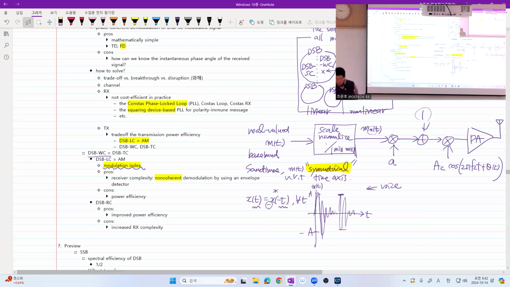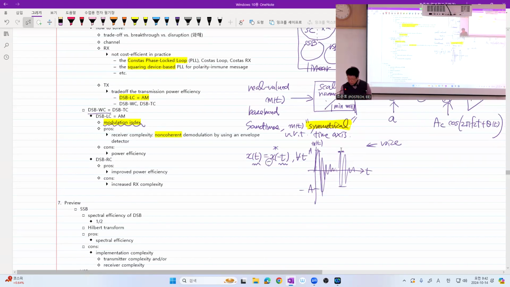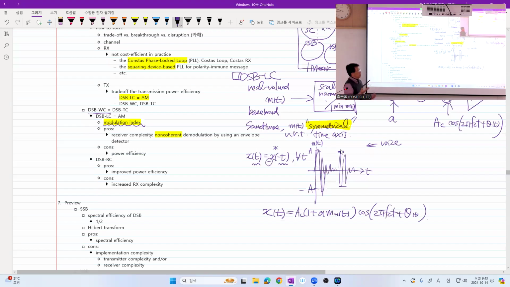Anyway, so our transmitted signal for DSB large carrier will look like this. Got it? So this is the transmitted signal.